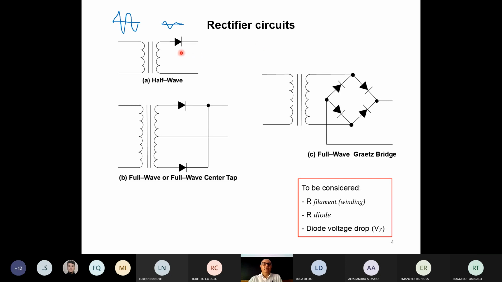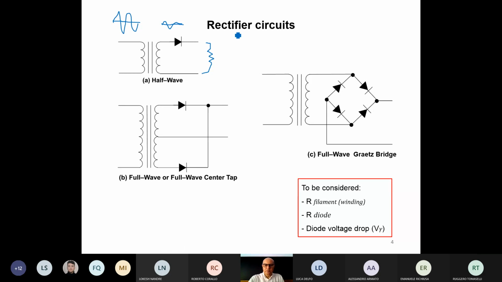If we have only one transformer and one diode, with this diode here, and you imagine, for instance, to have a load on the right, again, imagine you have a resistance here, something like that, okay? Place it here.